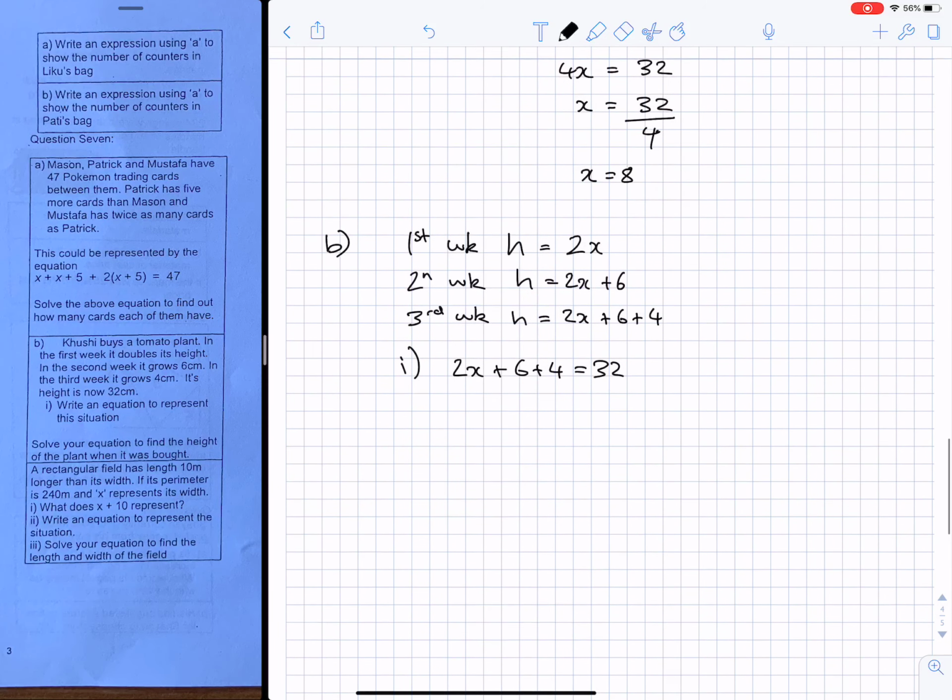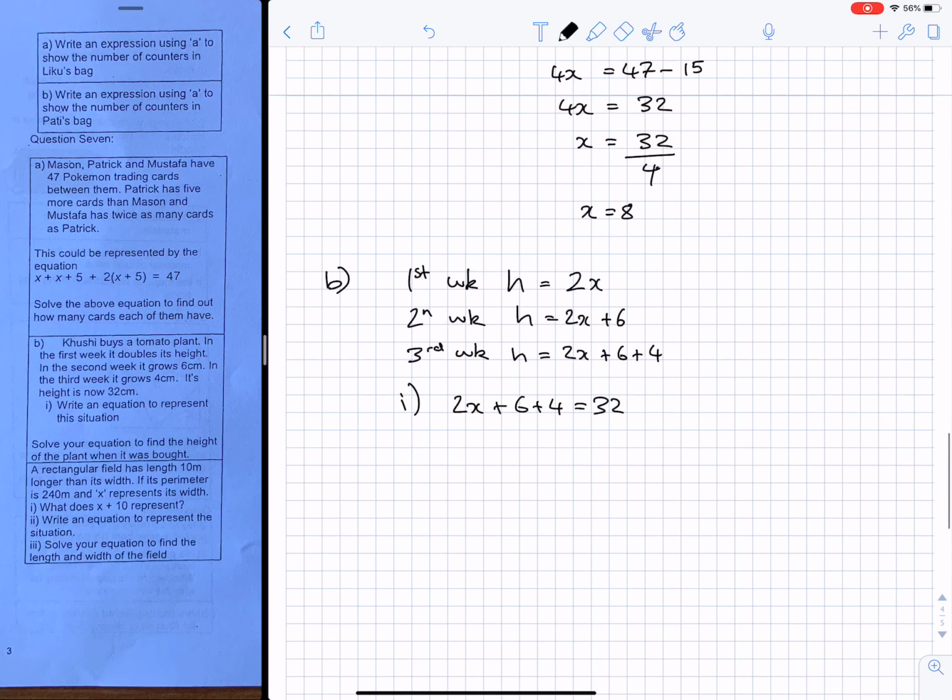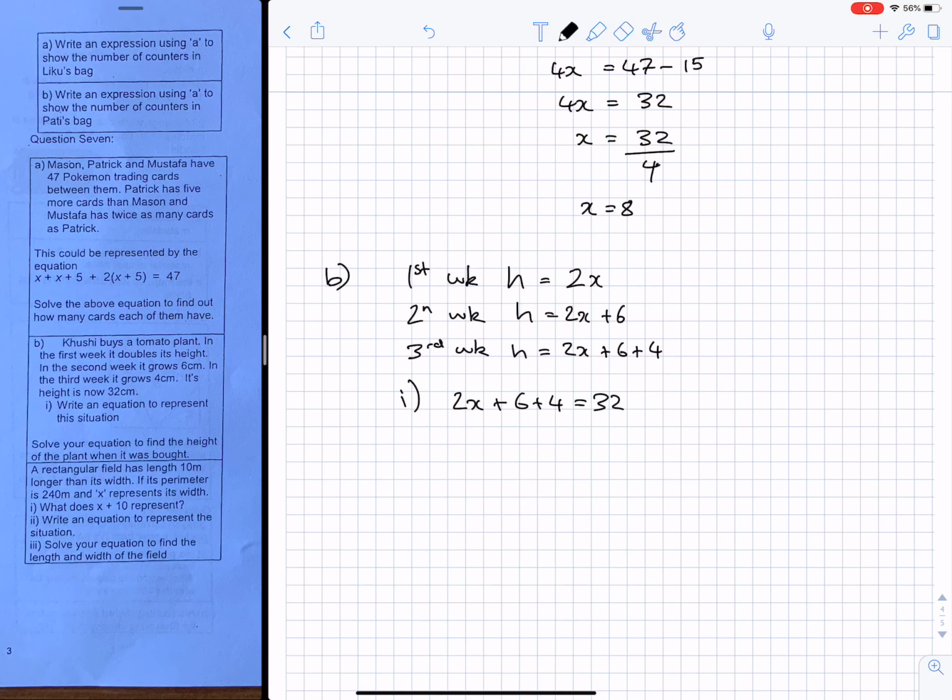Solve your equation to find the height of the plant when it was bought. So to solve for x here, you'd go 2x plus 10 equals 32. 2x equals 32 minus 10. 2x equals 22. x equals 22 divided by 2. x equals 11.